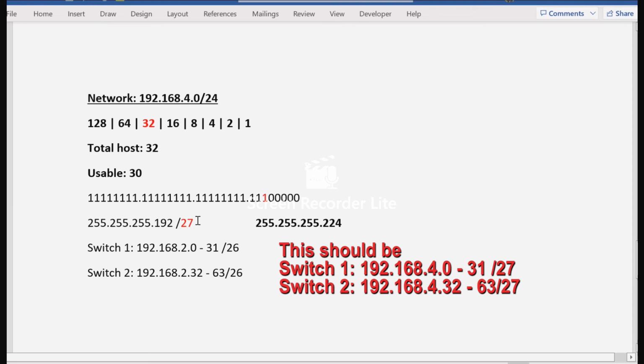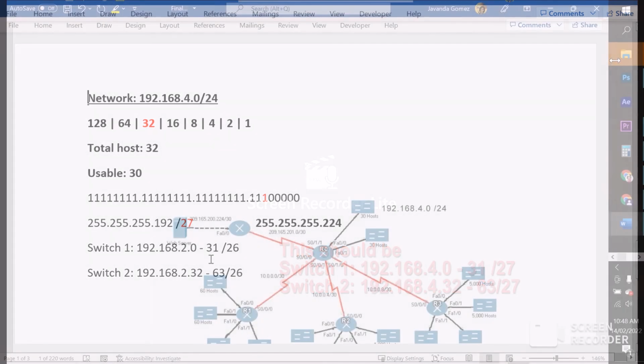So this will be our subnet mask, and this will be our first IP address, our network address for the first host will be 192.168.2.0, and the broadcast address will be 192.168.2.31, and all the hosts in between would be our usable hosts.